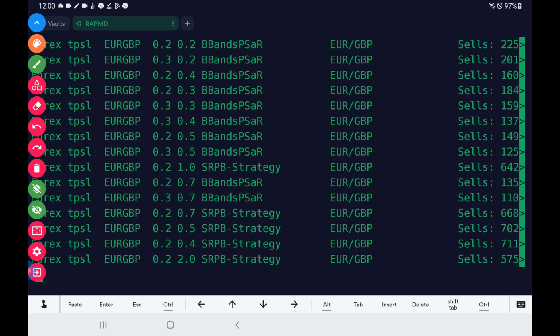Looking at the numbers, 0.2 is roughly 20 pips, or 0.3 is roughly 30 pips. It is 0.2% take profit, stop loss, in that order.